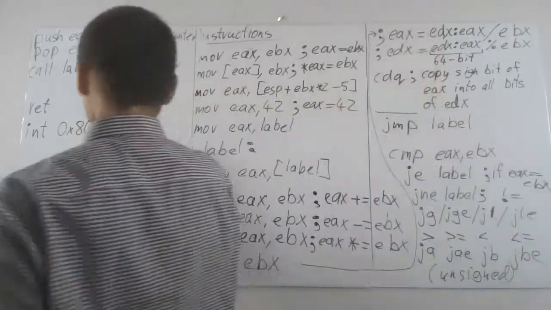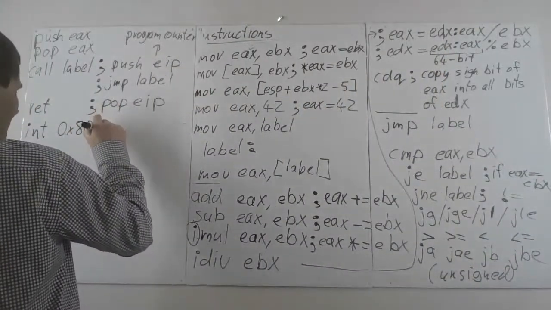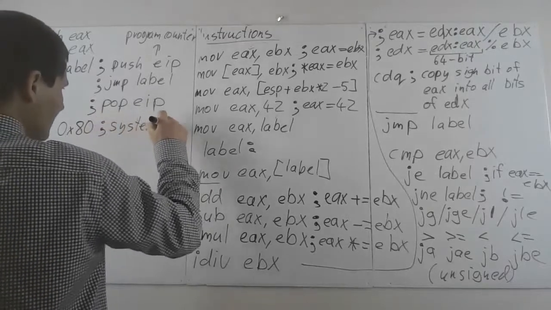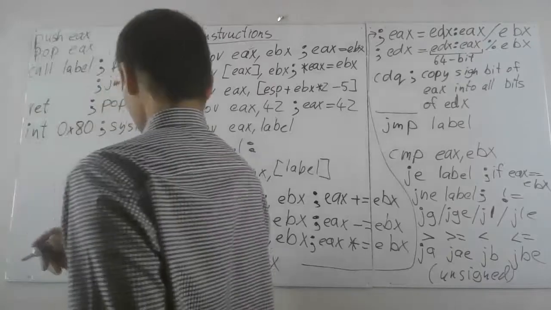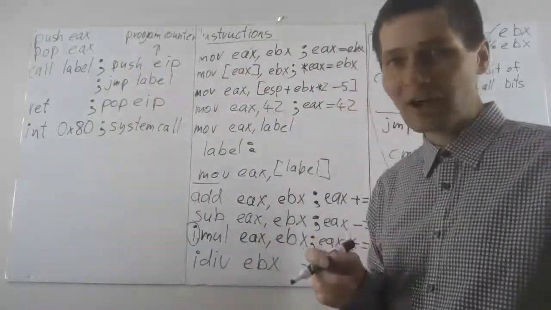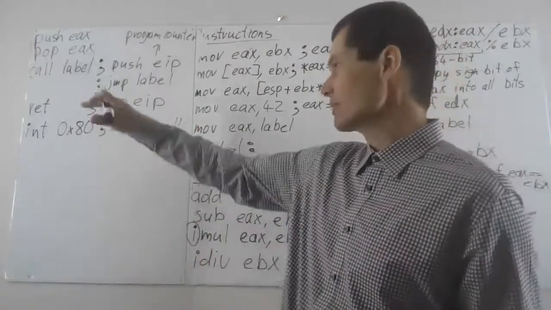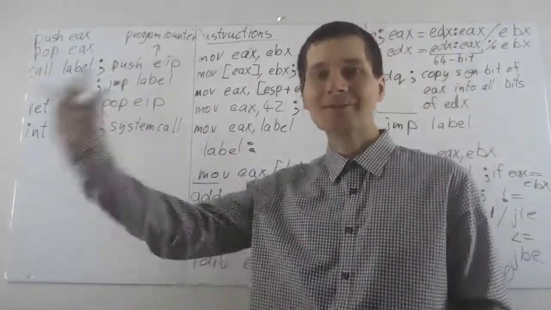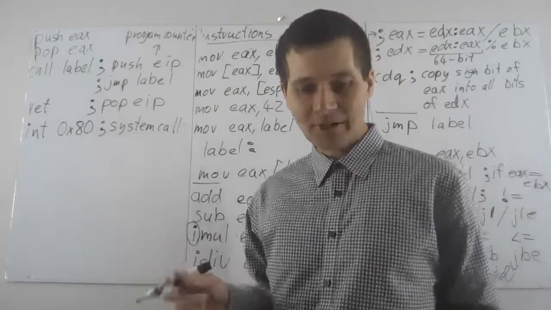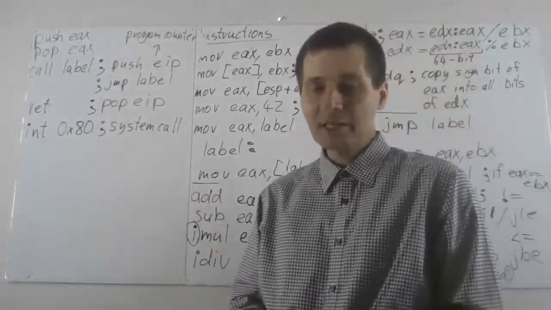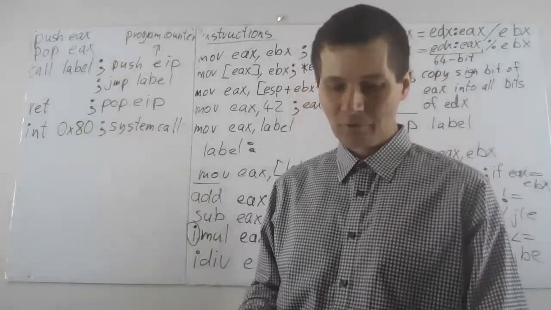And this instruction is going to do a system call. All right, and so if you took operating systems, you know all about system calls. So the idea is you execute this instruction to tell the operating system, hey, do something for me, right? It's like a call into the operating system to get it to do whatever you want.